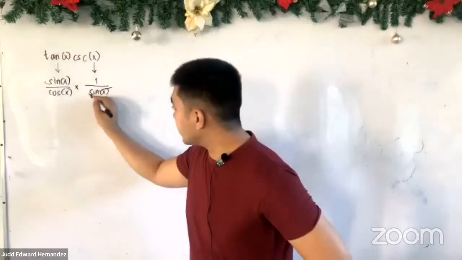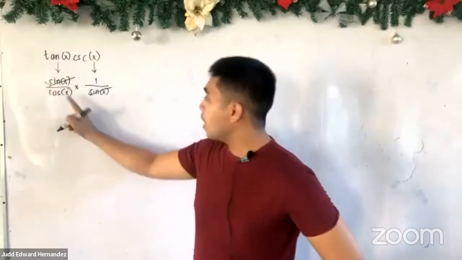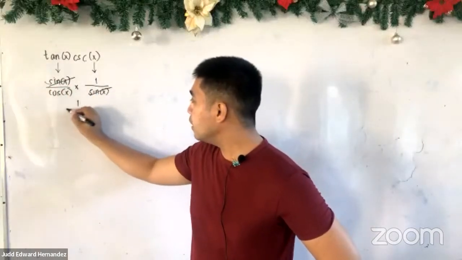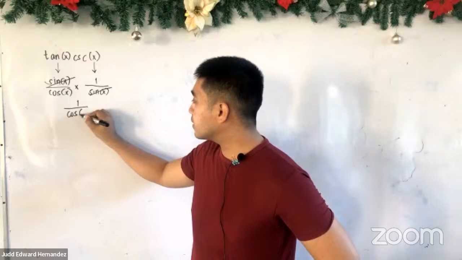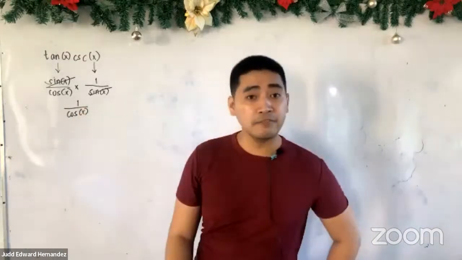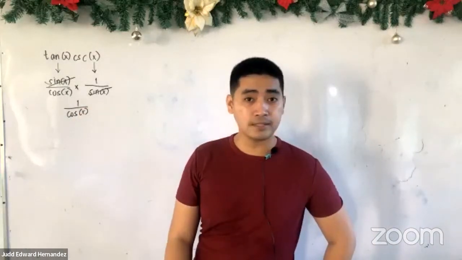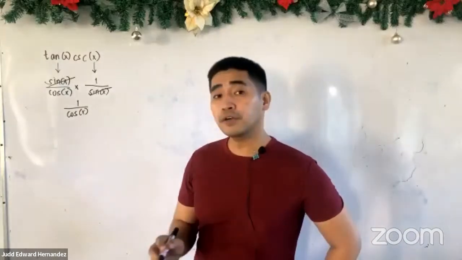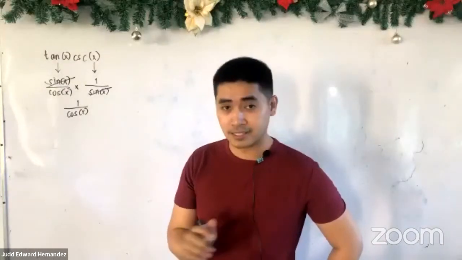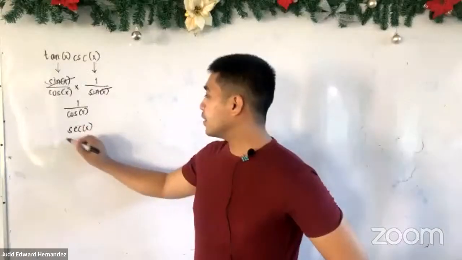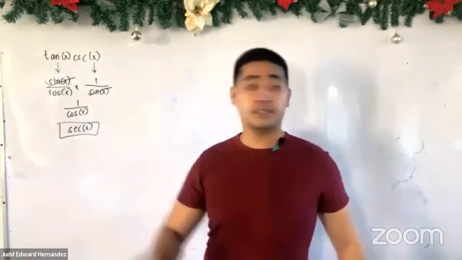Okay, cancel out sine of x, cancel out sine of x, multiply, this is 1 over cosine of x. But what is the equivalent value of 1 over cosine of x? Secant of x. Therefore, the answer is secant of x. Are we clear?